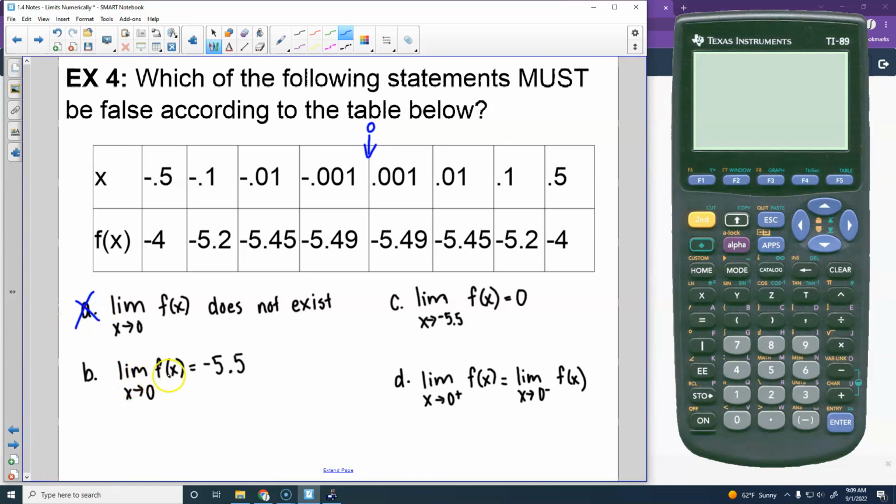Limit as x approaches 0 of f of x equals negative 5.5. Does that have to be false? No. In fact, that one looks like it's true. It appears true, so that's not going to be our answer. Limit as x approaches negative 5.5 of f of x equals 0.